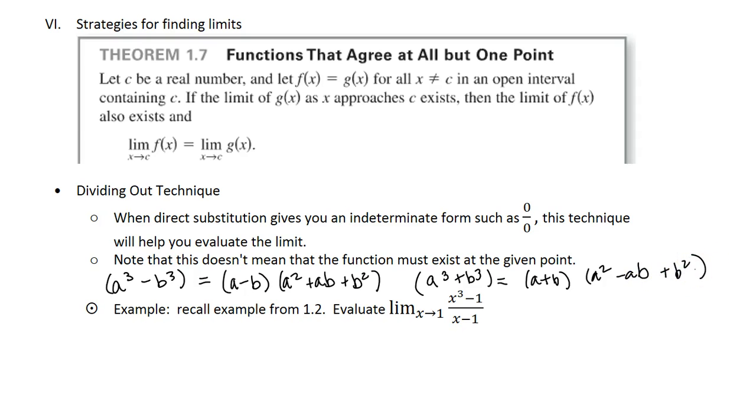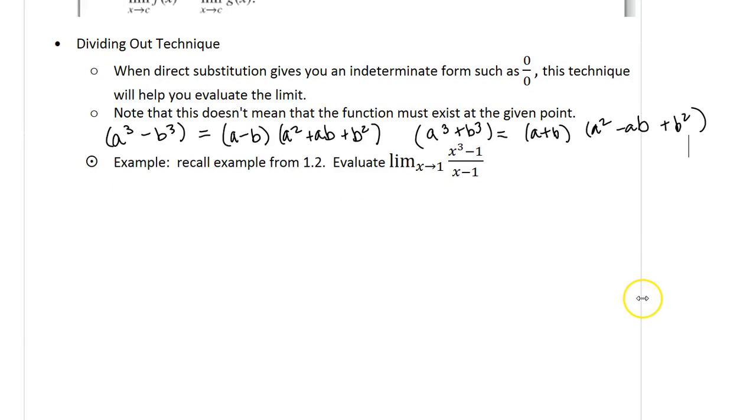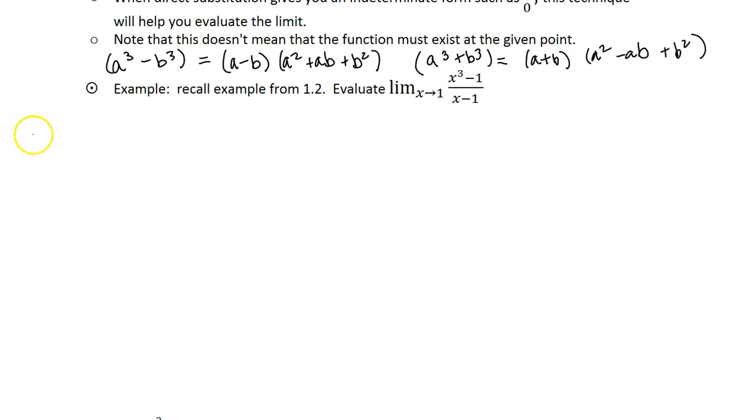Okay, so let's take a look at this example. We've got the limit as x approaches 1 of x cubed minus 1 divided by x minus 1. So I'm going to write out what I'm starting with. And I will observe that x cubed minus 1 is x cubed minus 1 cubed, because 1 cubed would be 1.